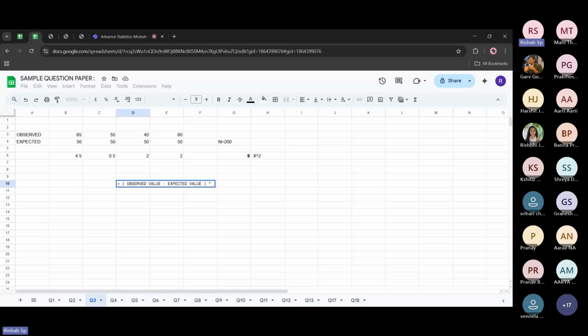Observed minus expected whole square, the square is for the numerator, divided by expected value. This is the equation which we are using here.